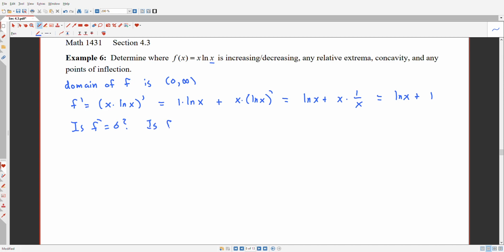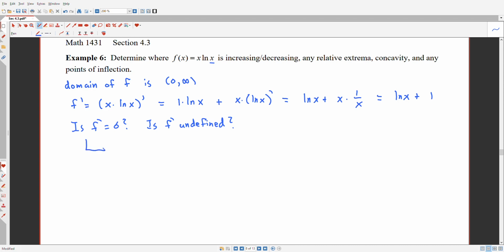Is f prime undefined? And you'll notice that f prime is only undefined where f was. So we really only care what's happening in the domain of the original, so we're going to focus on where f prime is equal to 0.